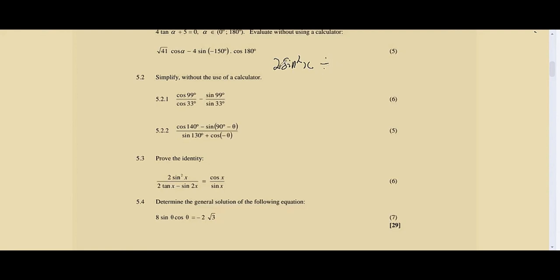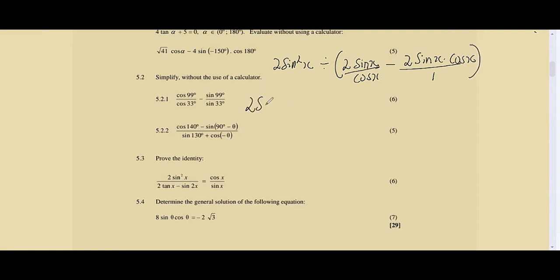So we can say 2 sine squared x divided by 2, and breaking down the tan x, this would be 2 sine x over cos x. Remember, I said divide because over means divide. Then minus, if I break down this double angle, this is 2 sine x cos x, and then I can just say over 1 so that it also becomes a fraction.